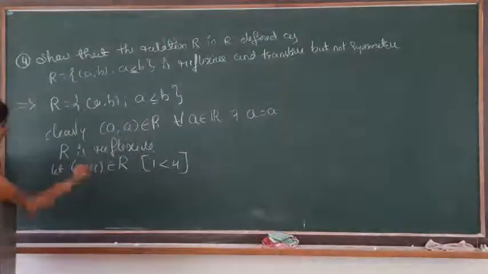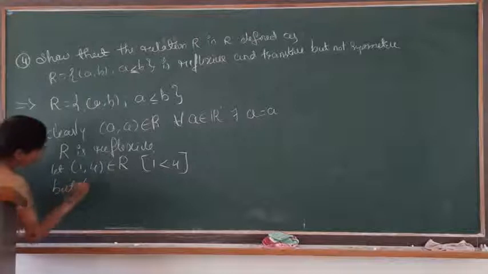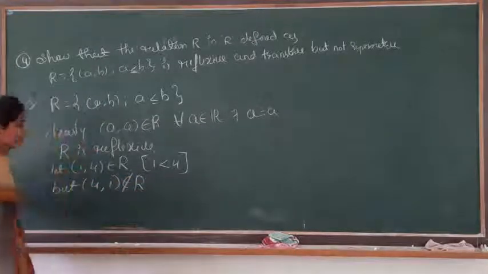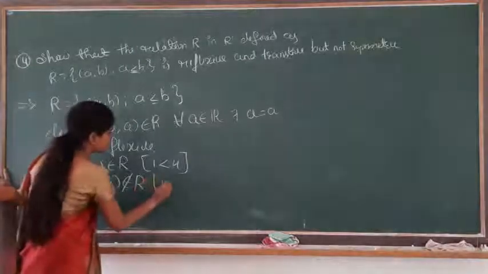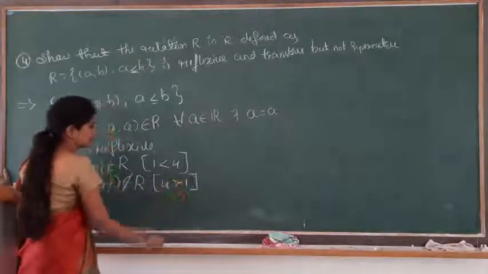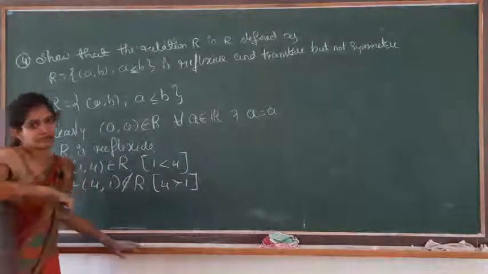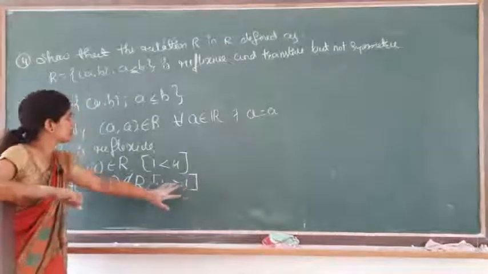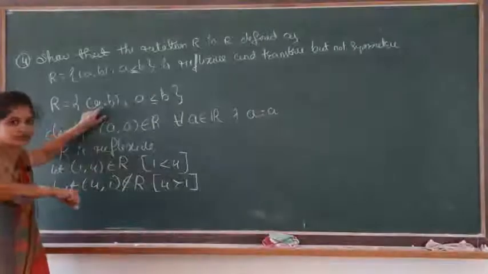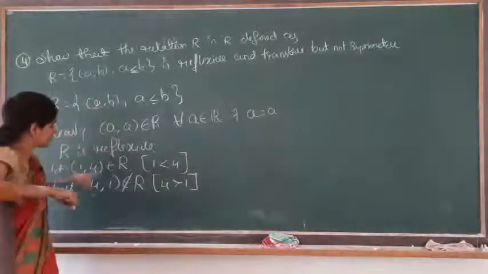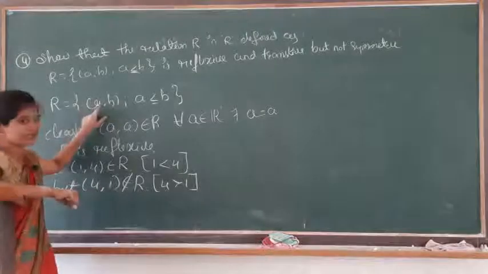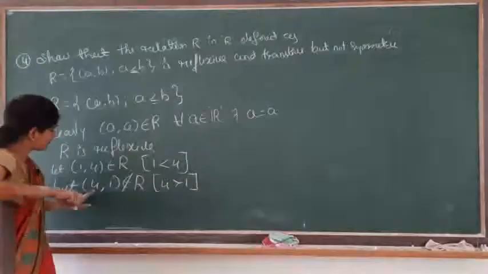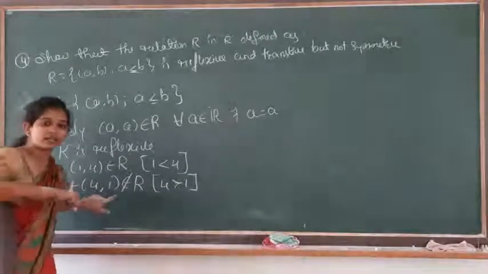But (4, 1) does not belong to R. Why? Because 4 is greater than 1. 1 is less than 4 means 4 is always greater than 1. So (4, 1) does not belong to the given relation, because the first element should be less than or equal to the second element, but here the first element is greater than the second element.